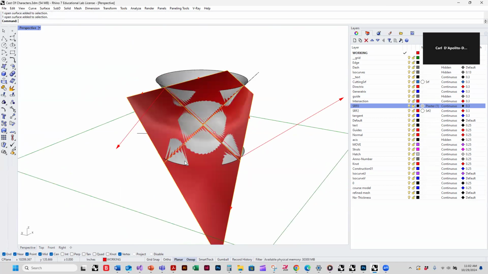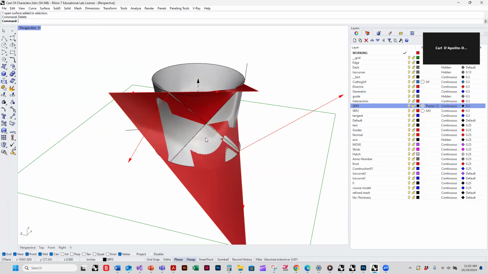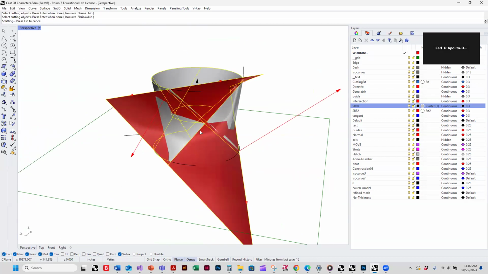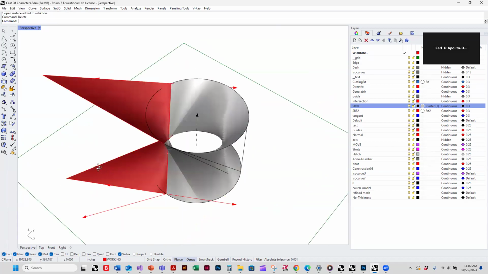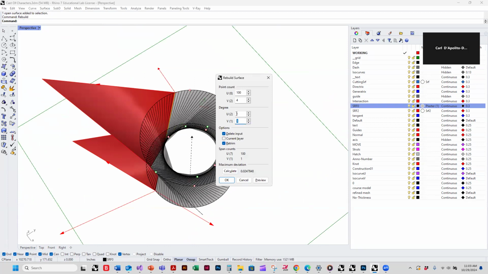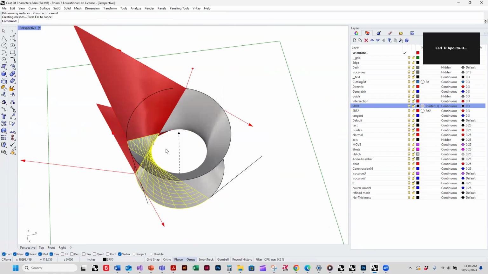So what I could actually do is trim this surface and replace those pieces of it with the pieces of this, and they would be perfectly matching. This is just because, if I were to rebuild this surface with degree 3 and a bunch of points, you would see it better.